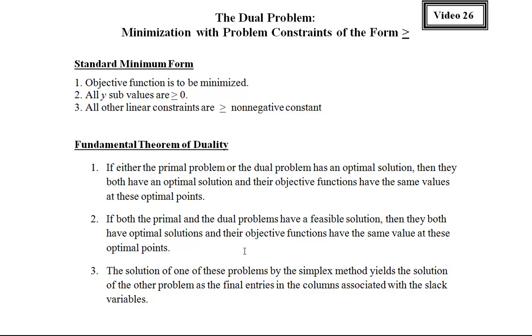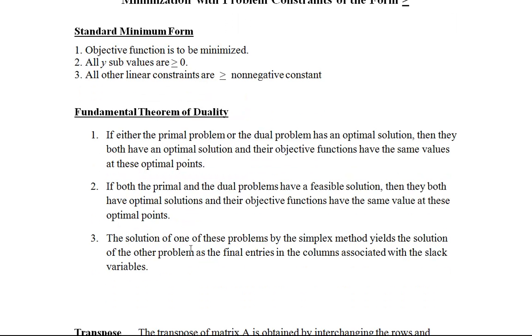Now, if both primal and dual problems have a feasible solution, then they both have an optimal solution, and their objective functions have the same value at these optimal points. The solution of one of these problems by the simplex method yields the solution of the other problem as the final entries in the columns associated with the slack variables. So we've got to go through the steps, through the procedure, so you can see how it works.